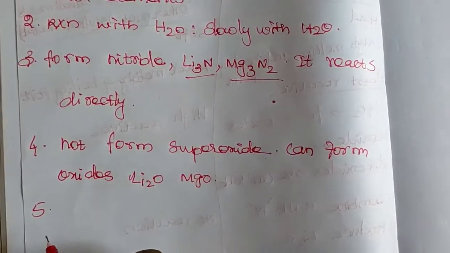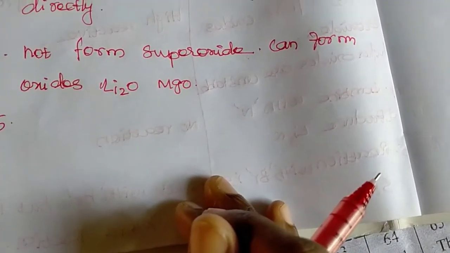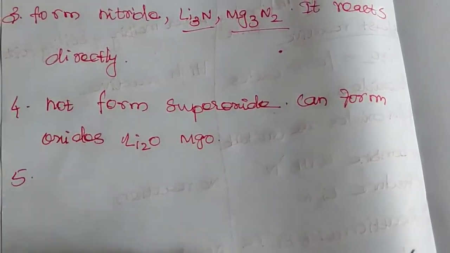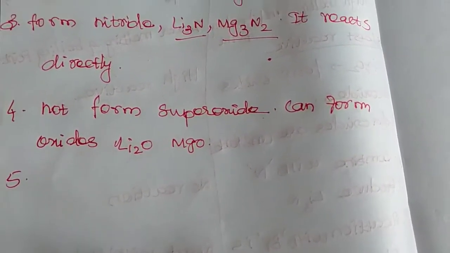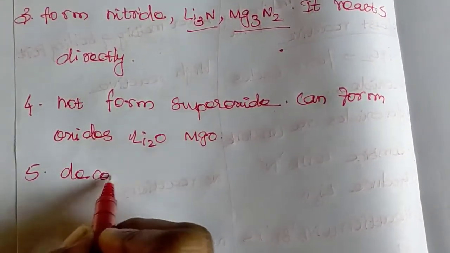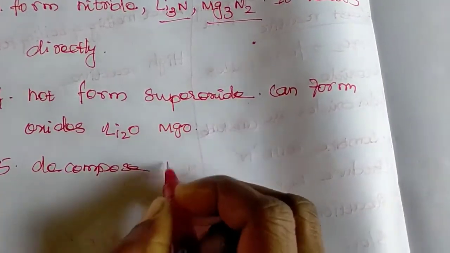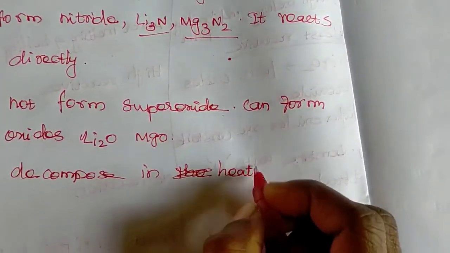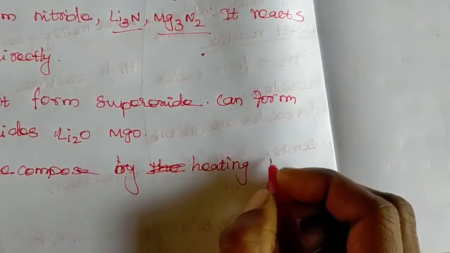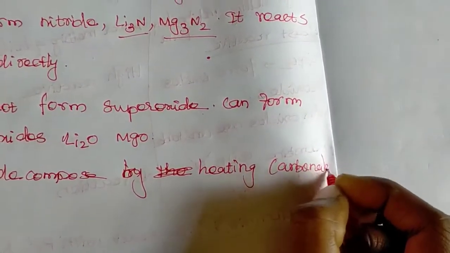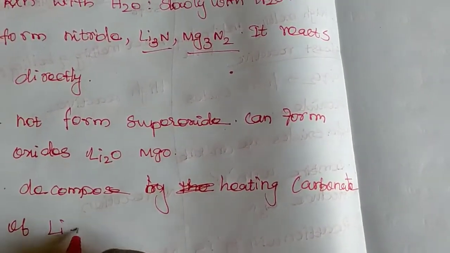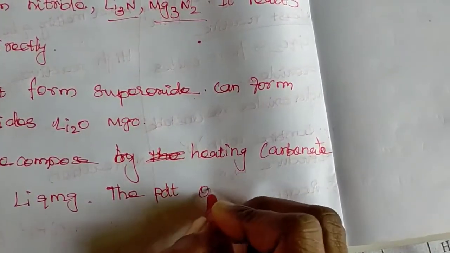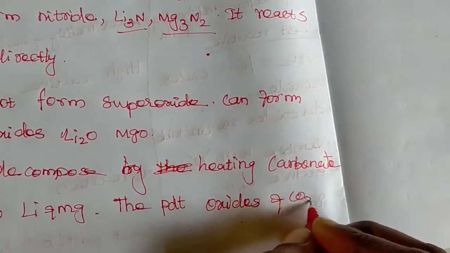Next character: due to heating, lithium and magnesium carbonates decompose and produce oxides and carbon dioxide.